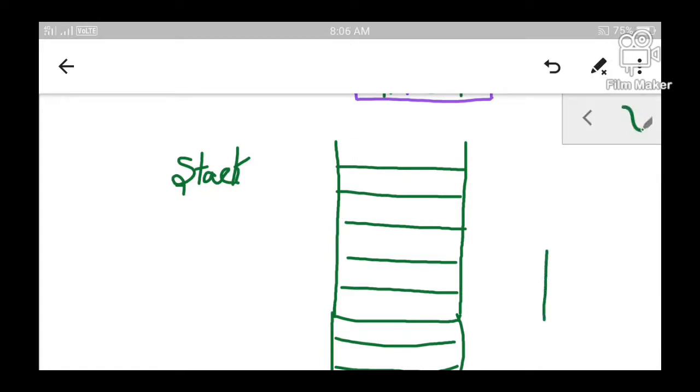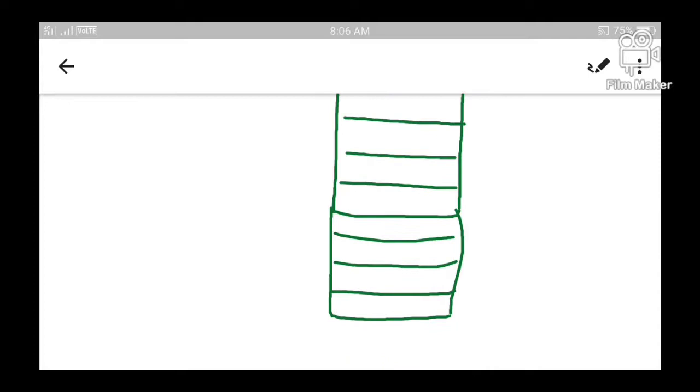Okay, so this was our stack. Initially node A was added. Once A was removed from the stack top, it has been added into the removed nodes list, and since A is removed, all its adjacent nodes, which are F, C and B, are inserted or pushed onto the stack.